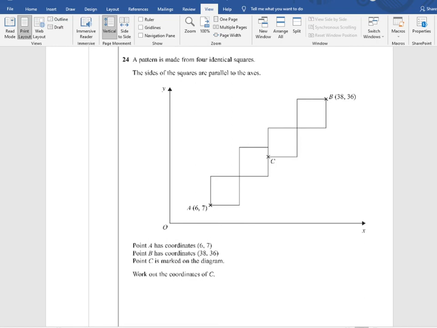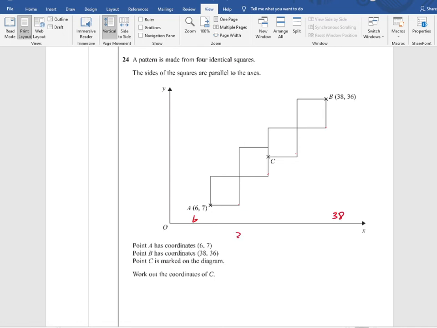Point A has coordinates 6, 7. Point B has coordinates 38, 36. Point C is on the diagram. Work out the coordinates of C. Right, so the X is 6 here, and we go 1, 2, 3, 4 till we get to 38.